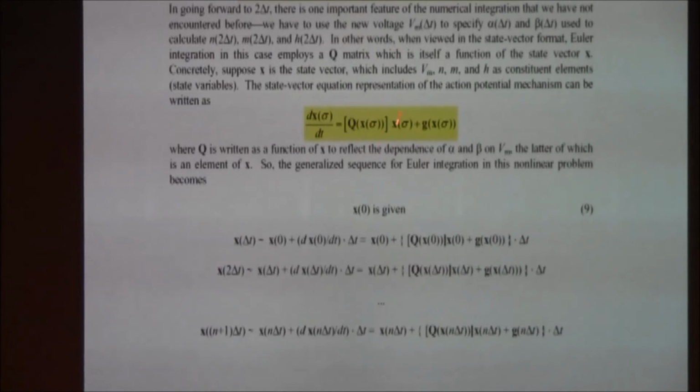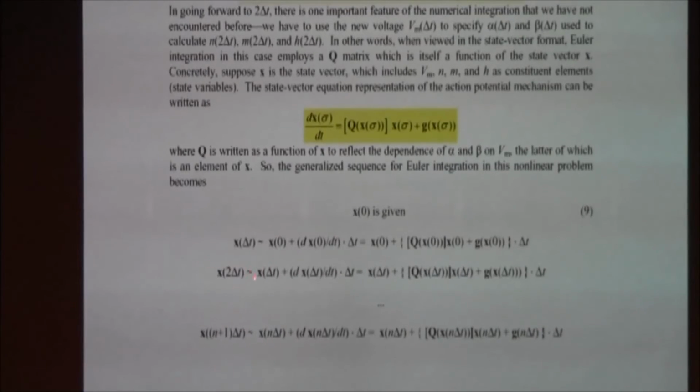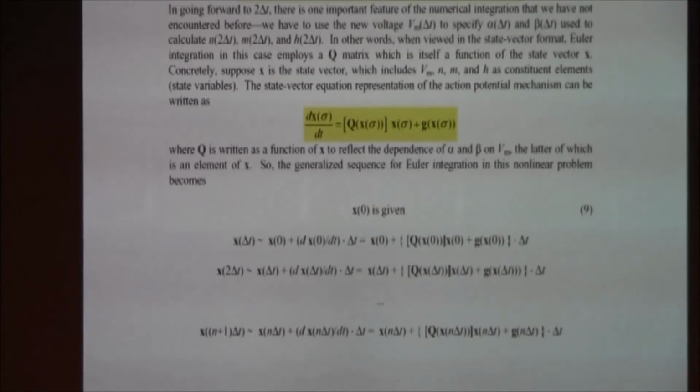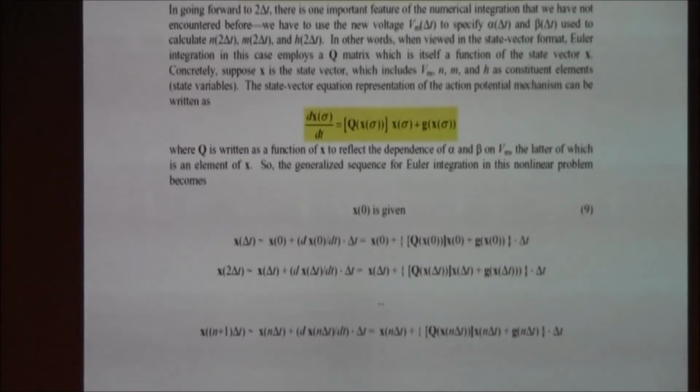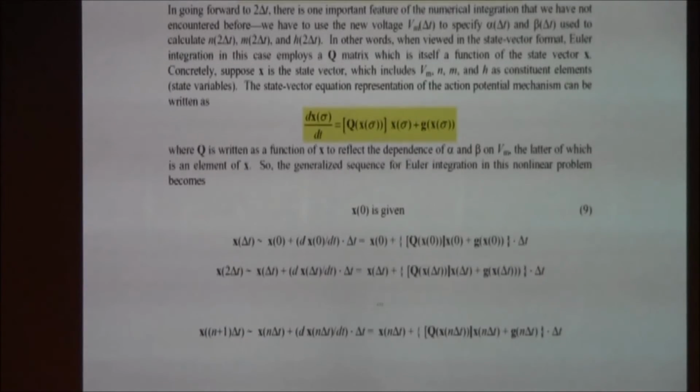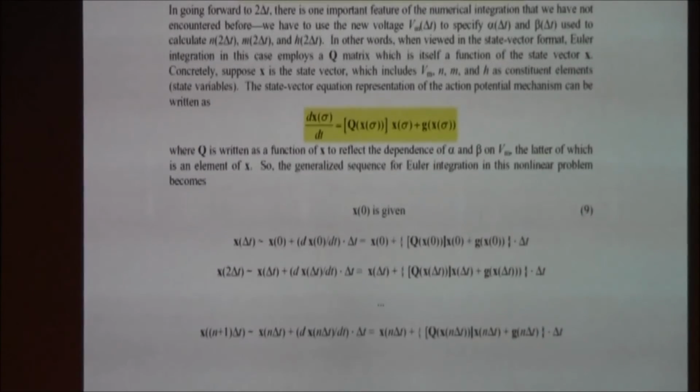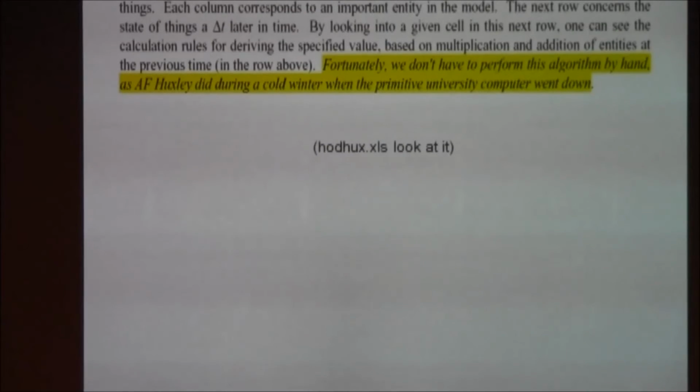So this Q matrix is changing, but it really doesn't change our algorithm whatsoever as we march into the future. We just do this arithmetic. We start with the one value, we march by arithmetic, delta t into the future. We plug that value into here. We march another, now 2 delta t in the future. We keep doing this. And as long as the system is convergent, we predict how the action potential evolves as accurately as we want to.